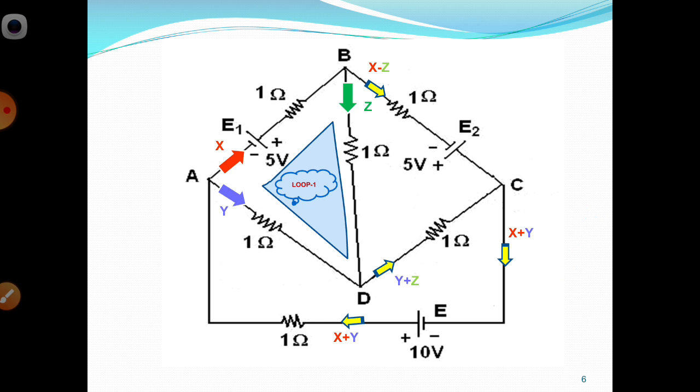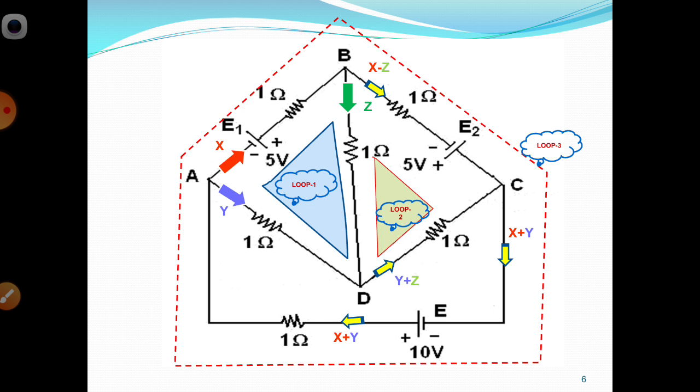Now loop 1 is A, B, D, A, loop 2 is B, C, D, B, and loop 3 we took from A, B, C, E and A. We took loop 3 for our calculations. We require the X, Y, Z currents in the corresponding branches.